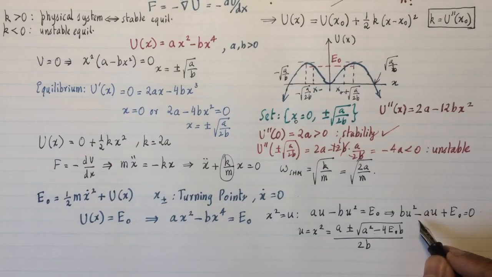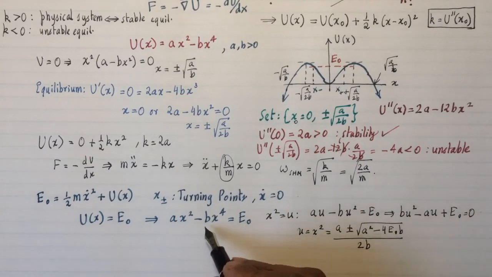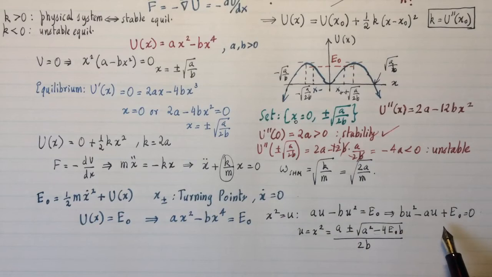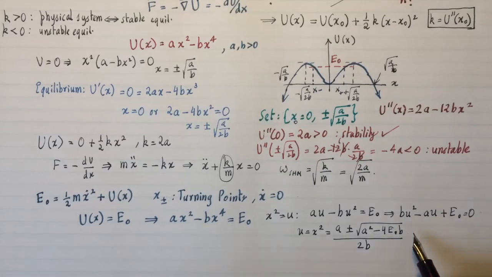B squared minus 4ac. That's a negative a x squared plus b x to the fourth equal to E naught. So I take the b there, I take the a there, so that's correct. Minus 4ac. Yeah, this looks good to me.